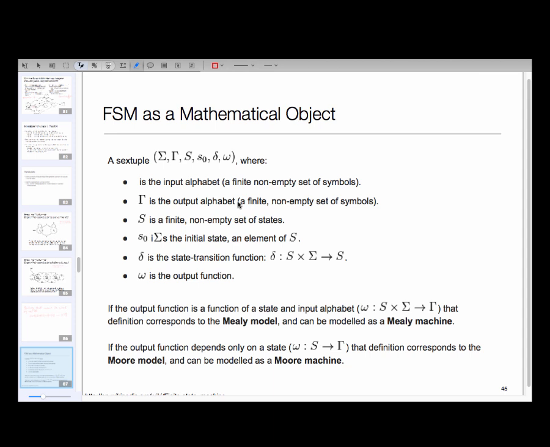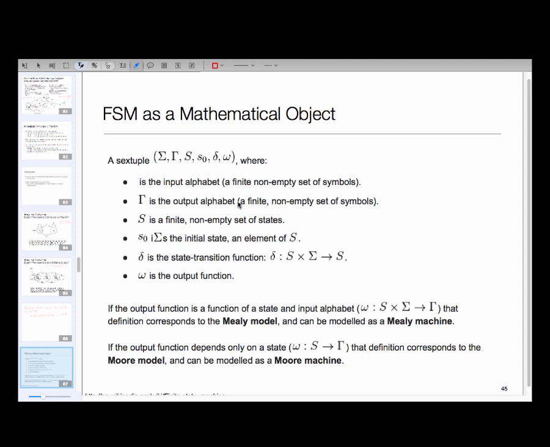I have a function, delta. What it does is, for every state, given a particular input, I think I messed things up. That sigma is supposed to be up there.